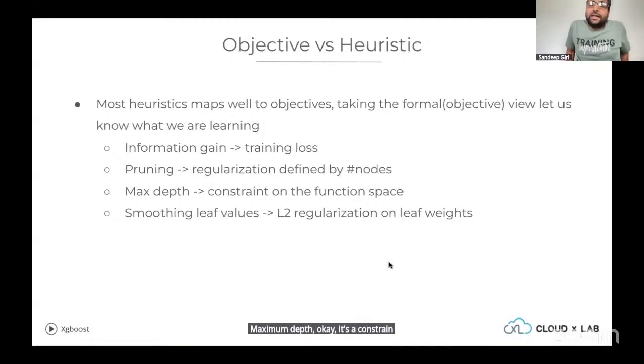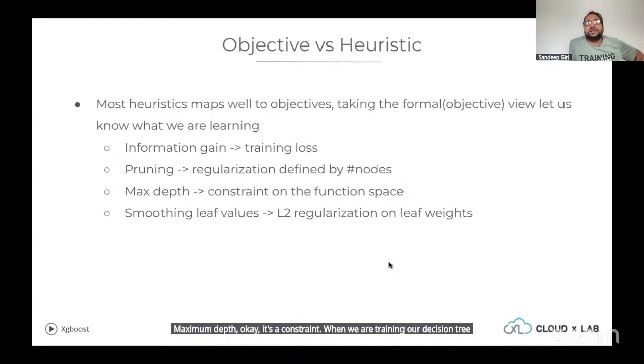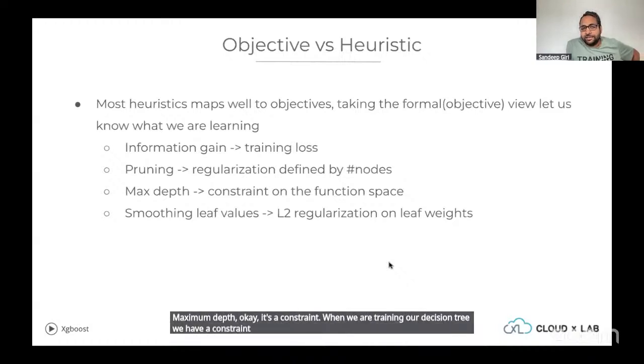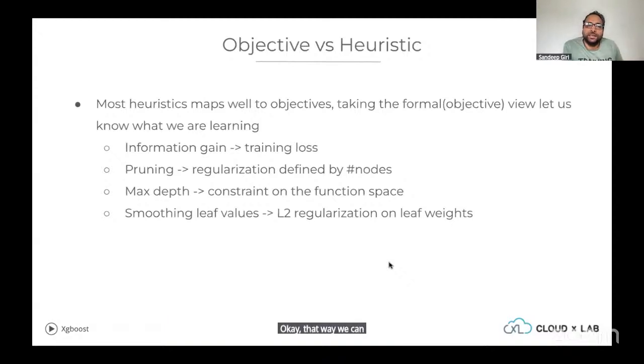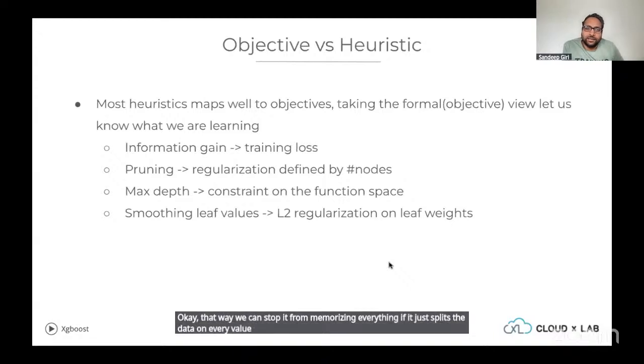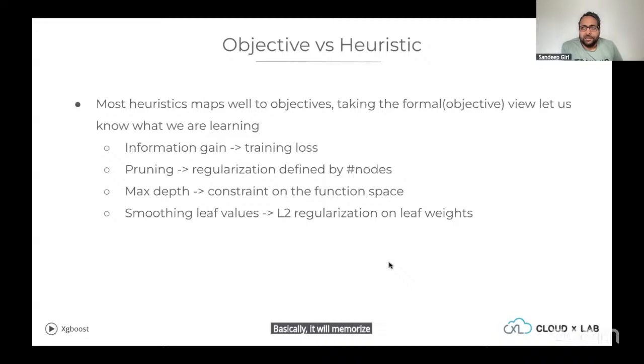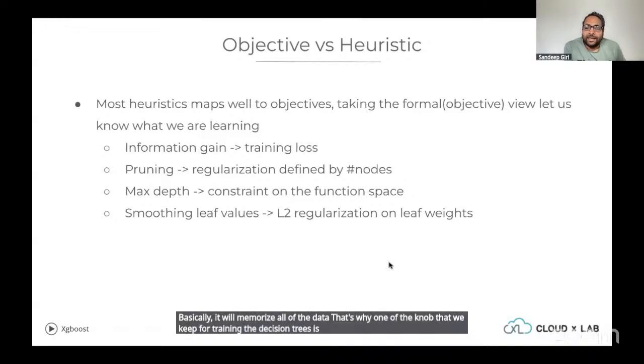When we are training a decision tree, we have a constraint on the max depth. We say don't go below this depth. That way we can stop it from memorizing everything. If it just splits the data on every value in the data set, it will memorize all of the data. That's why one of the knobs we keep for training decision trees is control on max depth.